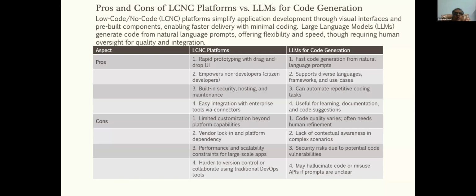For example, you may not be able to build and export to MS Excel from the database. The platform may simply not allow it. Or you may not be able to build a highly secure web application like internet banking, or a healthcare application that has a lot of compliances like HIPAA compliances and so on and so forth. Such things your LCNC platforms may not be able to build.